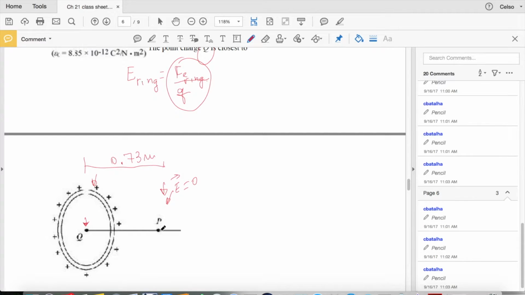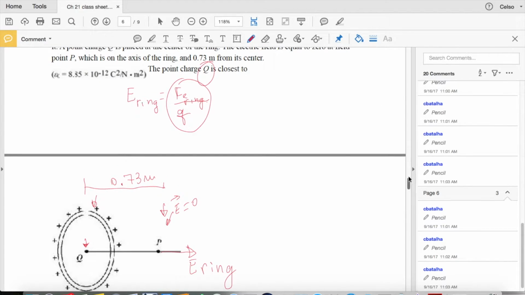So the electric field of the ring is like that. And the expression you should know. If you don't know, you can develop. And the charge Q, right?